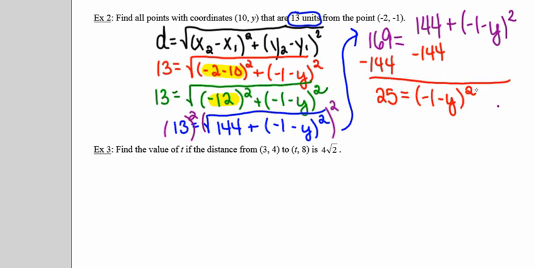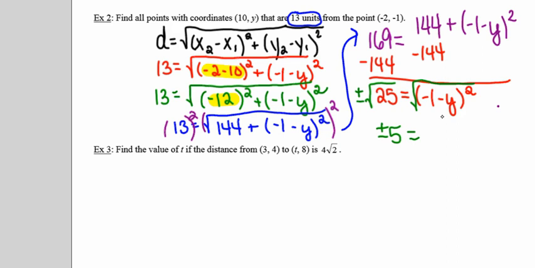And now, to undo squaring this term, I'm going to take square roots. So again, squaring and square rooting, they're inverse operations. They'll undo one another. But if I take the square root of the right side, I have to take the square root of the left side as well, remembering that every square root has both a positive and a negative value. So square root of 25 is plus or minus 5.